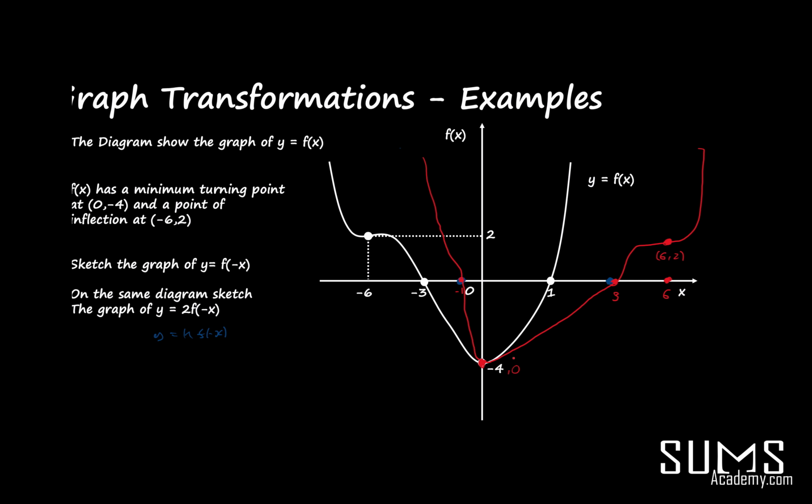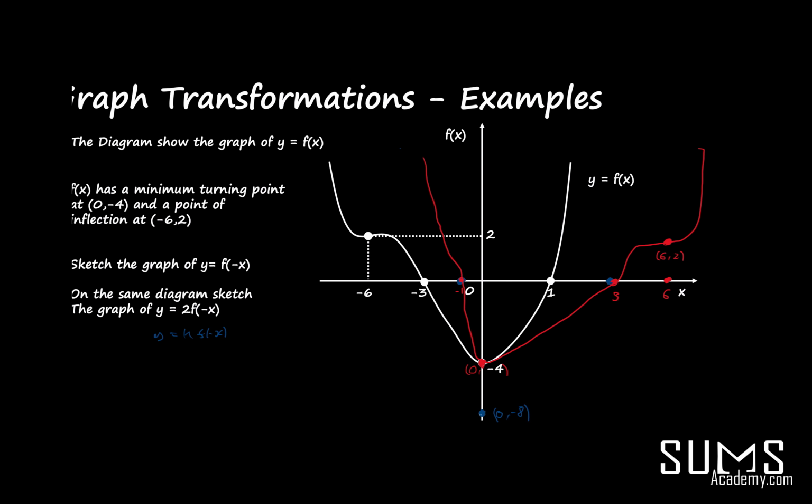Oh, that's the wrong way around. (0, -4). Okay, so what's going to happen now? If everything's multiplied by 2, this is going to go down to (0, -8), because that is twice the size of negative 4.